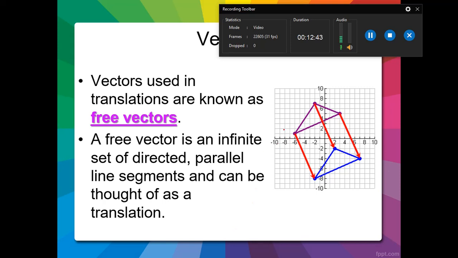What you can see here is that when I draw on the left-hand side my vector to its new location, and do that with the point on top and the point on the right, what I'm creating are parallel line segments. And it's showing the direction of the movement, but all of those vectors are parallel.